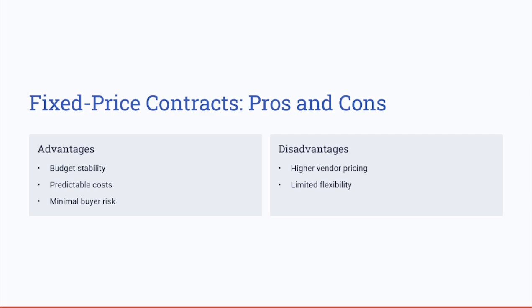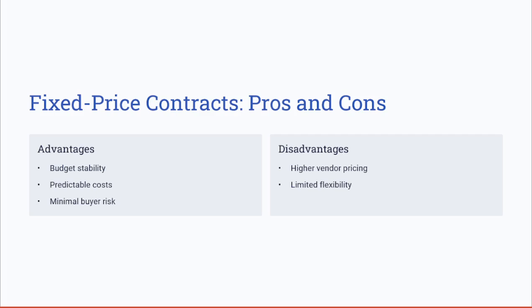To focus on the advantages and disadvantages of having a fixed price contract. So, the fixed price contracts benefit the buyer by providing a clear cost structure and reducing the financial uncertainty. And they are ideal for projects with well-defined scope and minimal expected changes.